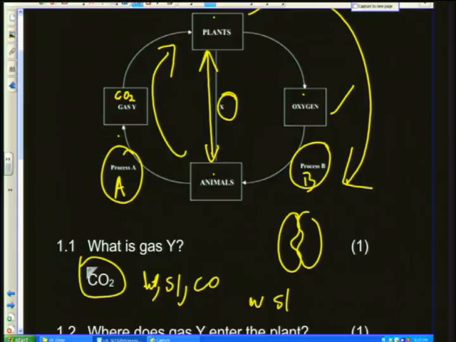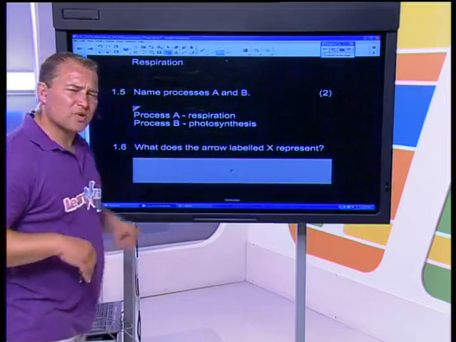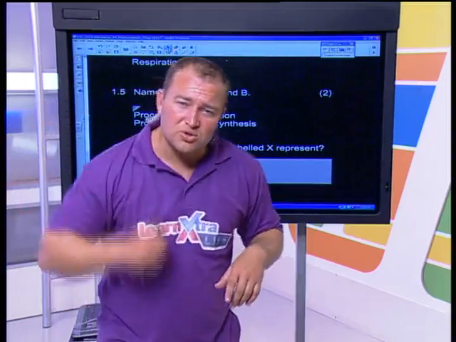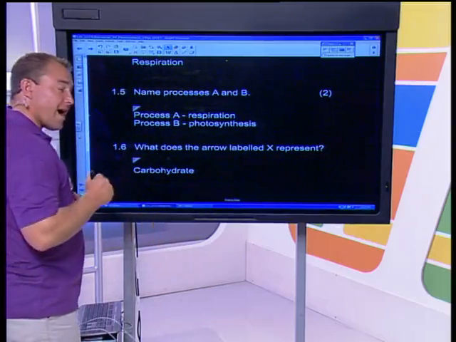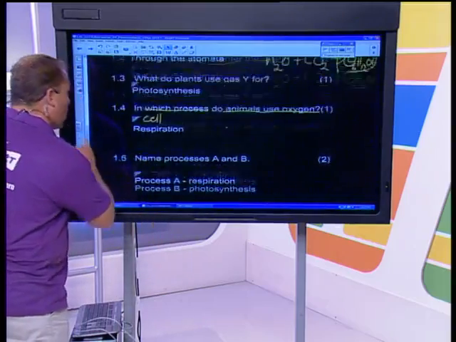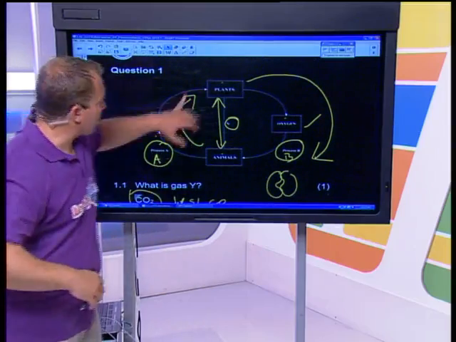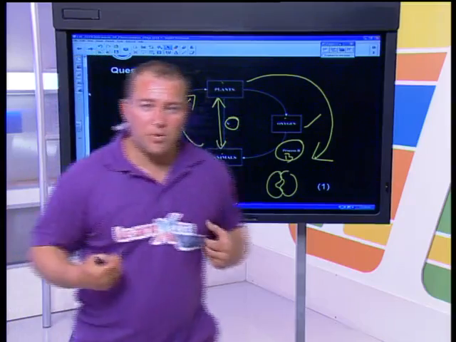It's quite a strange question, isn't it? Very difficult, I reckon. You need to know your stuff to understand this. That one, in my case, is carbohydrates. What it's saying is carbohydrates are passed from there to there. So carbohydrates are what the animals eat or get from the plants, right?